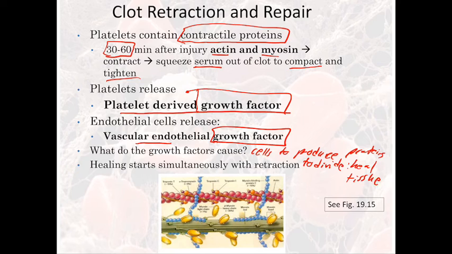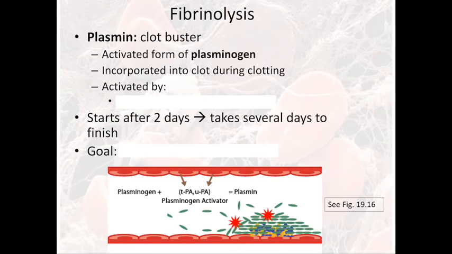So pretty amazing, right? Within 30 to 60 minutes of an injury, the body's already healing itself. It's retracting that clot, and the healing begins with the release of these growth factors that come from platelets and endothelial cells. Then the next step, and the last step here, is called fibrinolysis.